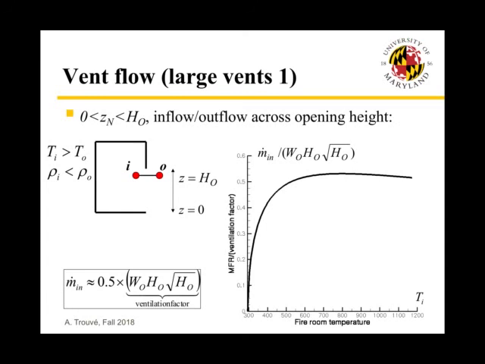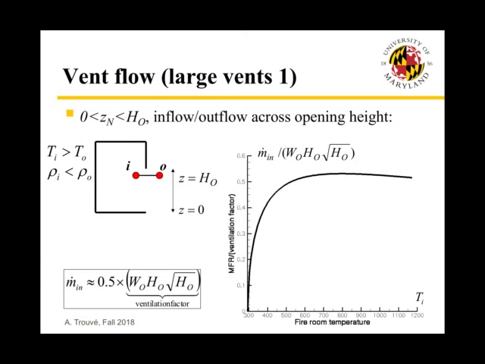So the simple theory here is valid in the case of a single layer description of the gases inside the compartment. This simple theory shows that if the temperature Ti is high enough, let's say above 600 K, then indeed we can write m dot in equal 0.5 times the ventilation factor.